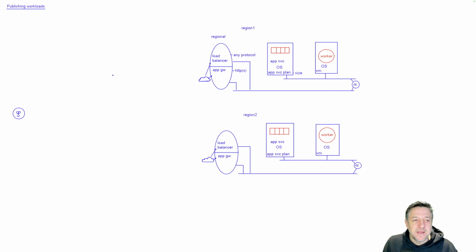However, in the old-fashioned way, you may have heard of something called DNS round robin, which would mean that somewhere on the internet there is a DNS database. We would basically go in and say, I have a public IP address 1 for region 1, and I have a public IP address 2 for region 2 that I bind to the same domain name.